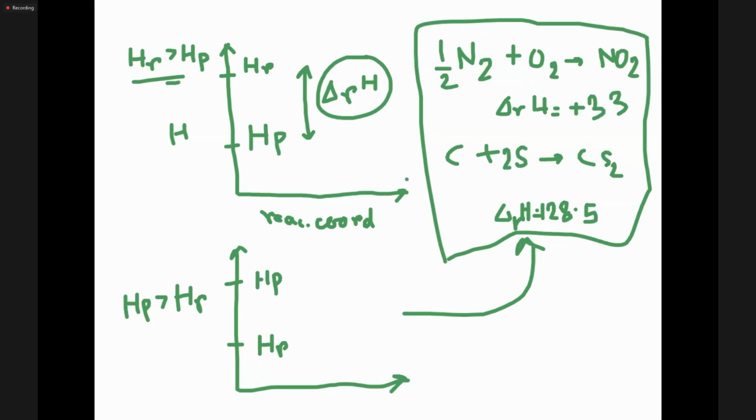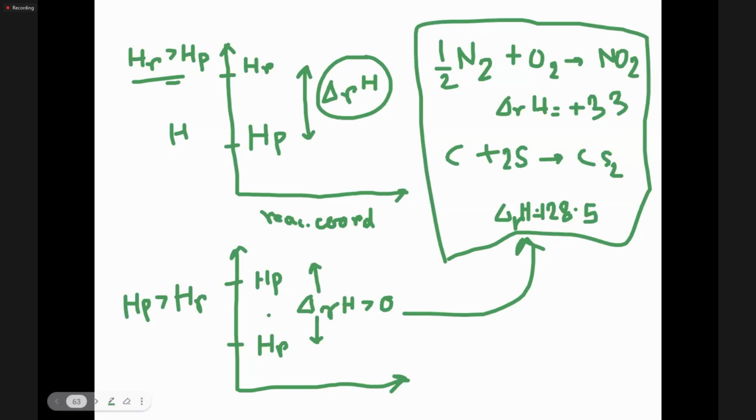So here also, this is the del H value, which is positive here. That is the gap between this HP and HR. So the increase in enthalpy may be presented in this diagram, where the product enthalpy is much higher than the reactant enthalpy.